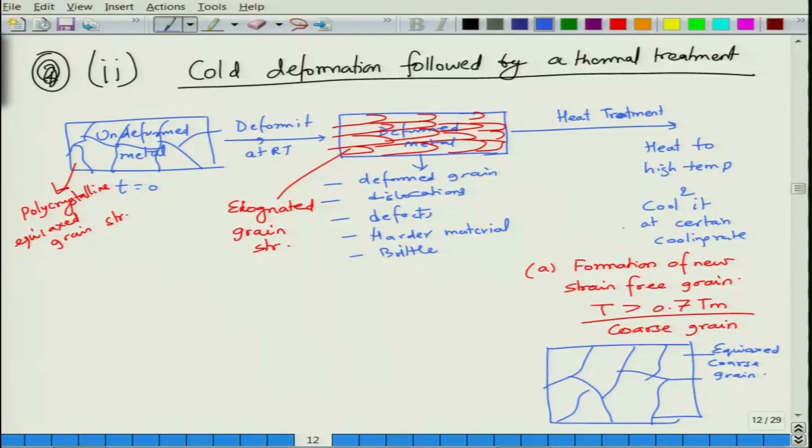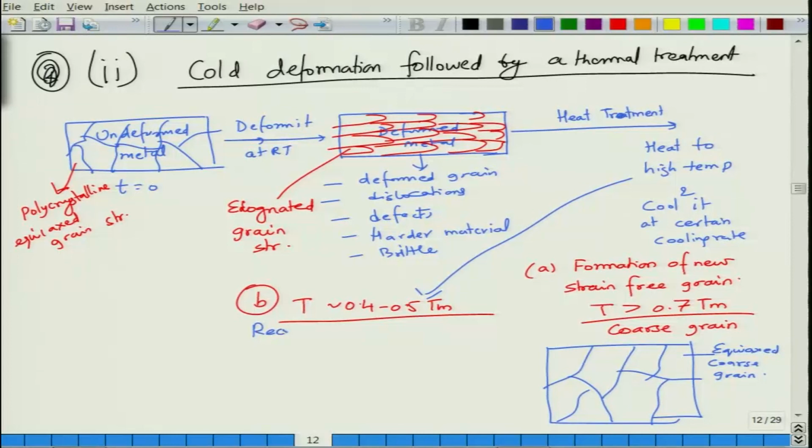If you heat it to temperatures around 0.4 to 0.5 Tm, then we have what we call recrystallized grains.